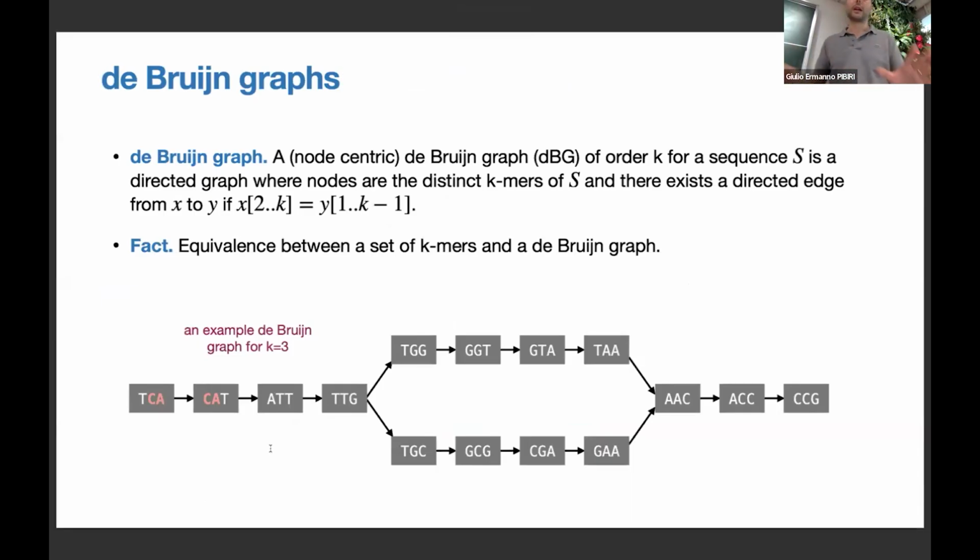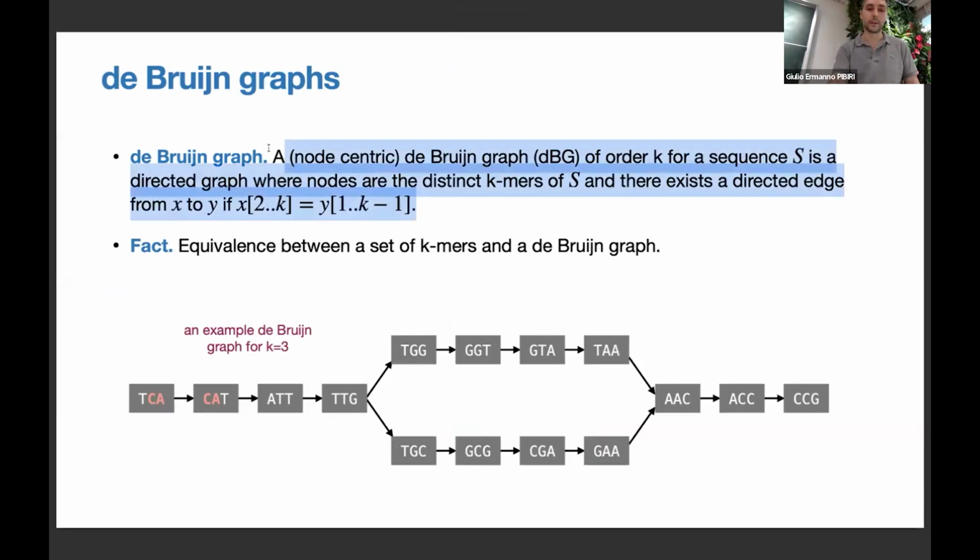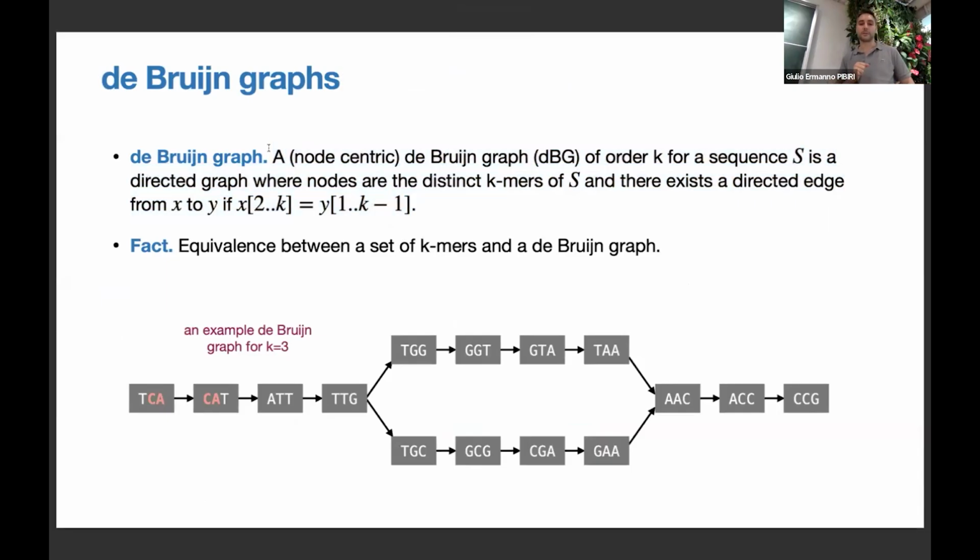I'm pretty sure you have already heard about de Bruijn graphs, but I will try not to be boring. So here you have the formal, boring definition, but you can easily see from the picture what the de Bruijn graph is. It's a graph where each node corresponds to a k-mer in our input set.